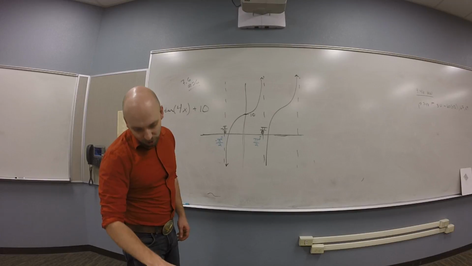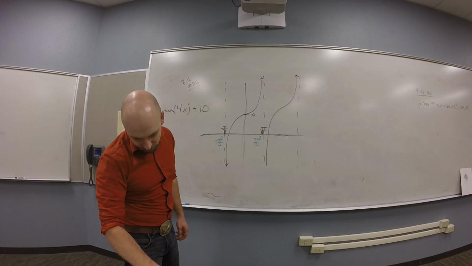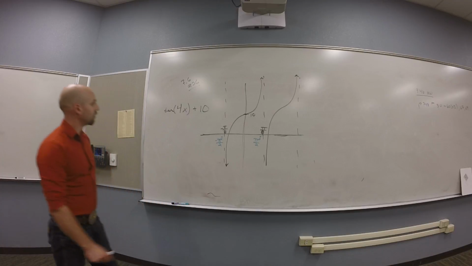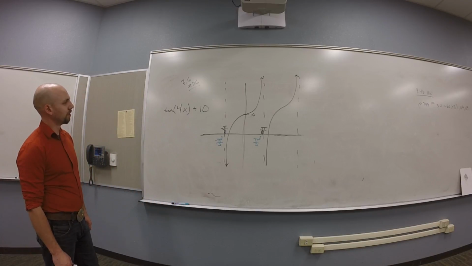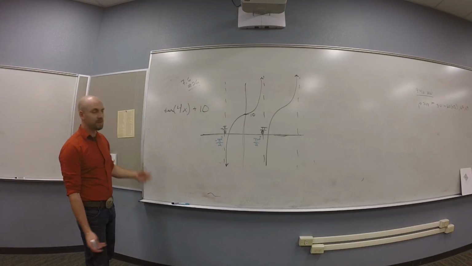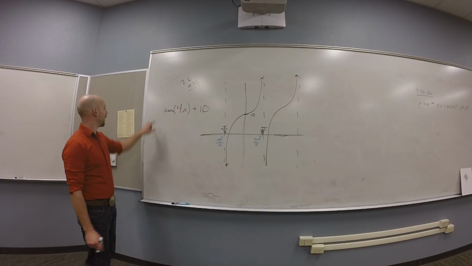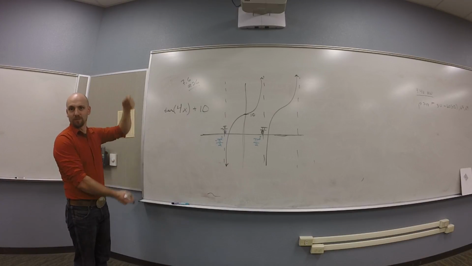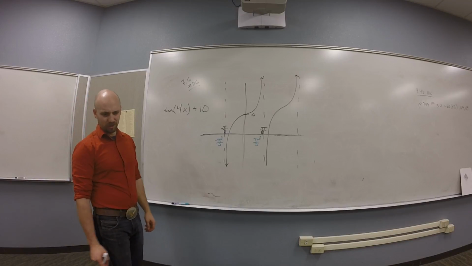Okay, and then let's see. What else do I need to worry about here? What else might I be thinking of? Something before the tangent, maybe a number here, an amplitude, like a vertical stretch. Can I figure that out from this picture?